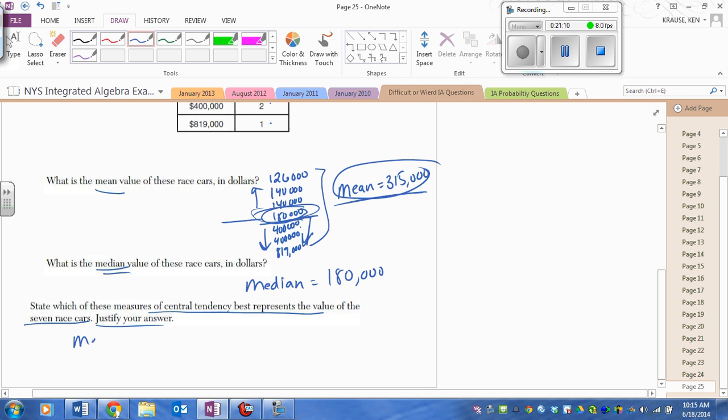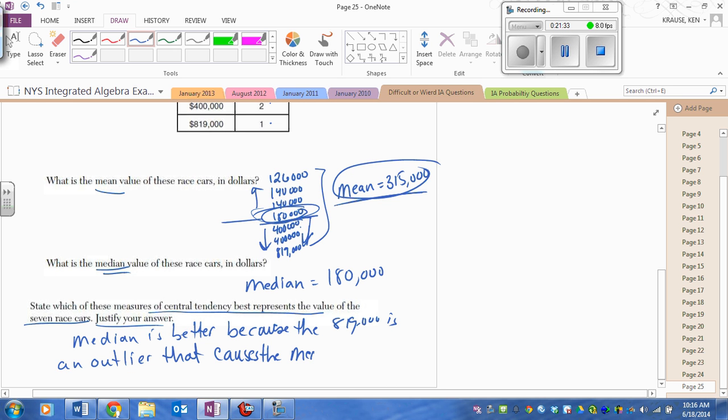So I'd say the median is better because the 819,000 is an outlier that causes the mean to go up too much. And that's it. End of discussion.